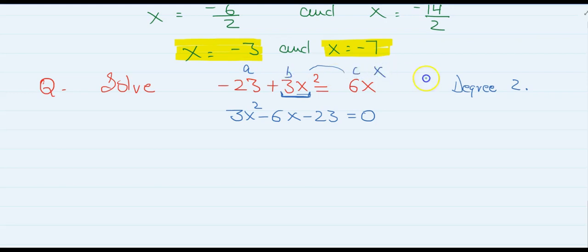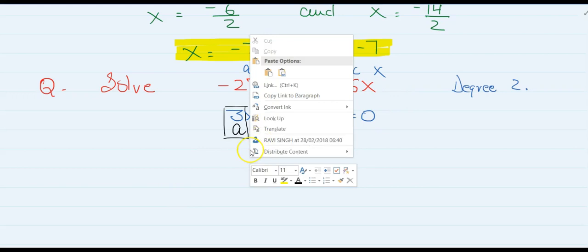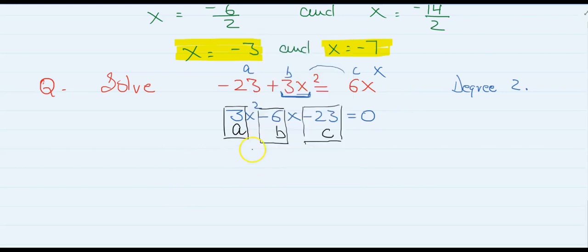Now you can very easily see that if you write this is A, this is B, and this is C, your answer will be wrong. In this, with the x square, this is A, with the x is B, you have to consider the sign also, and C is independent. So now let's use the formula.